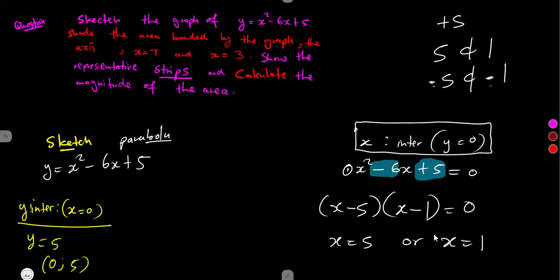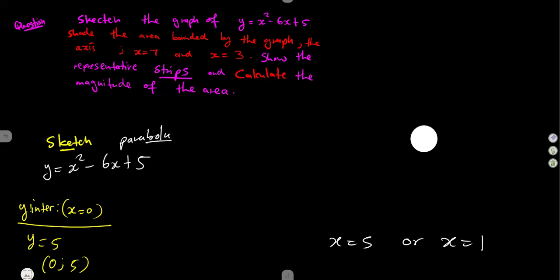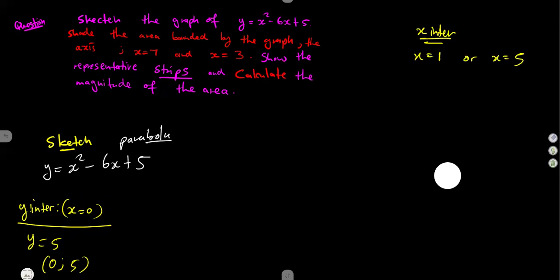These are the x-intercepts, all right? No problem, guys. We're going to need this on the sketching. So our x-intercepts: x is equal to 5 or x is equal to 1. All right, let's put them aside like that.